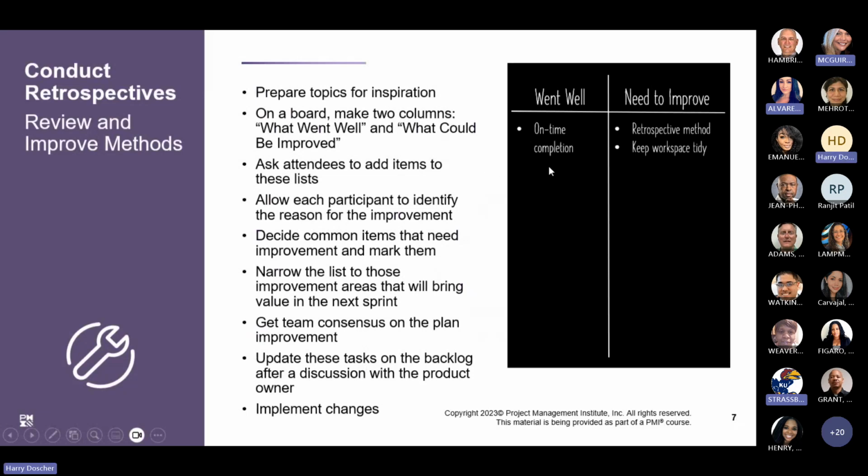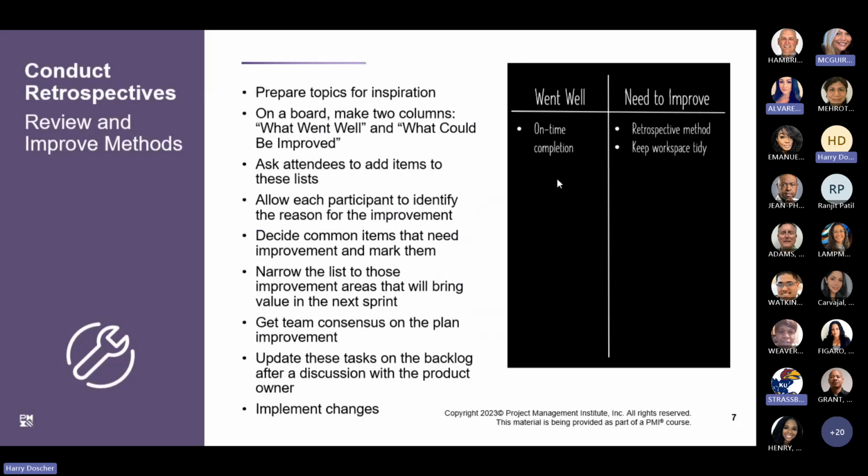And what you're looking at is identifying what went well and where improvements are needed. Anybody can add to either column, and add to both columns. You can put one thing down, you can put more than one thing down.